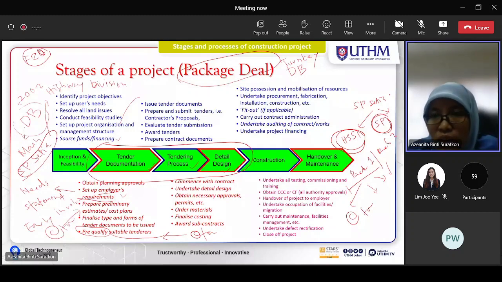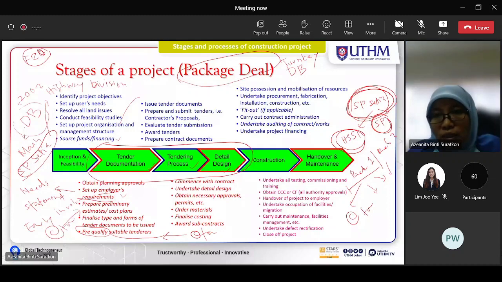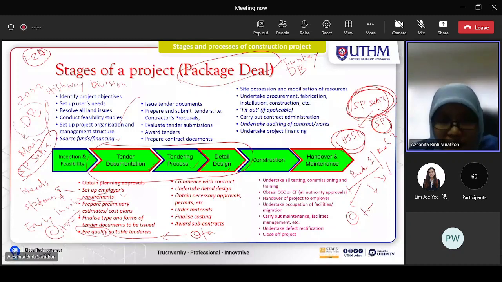Later on, at the tendering stage, SP Setia will open the tender to selected tenderers.